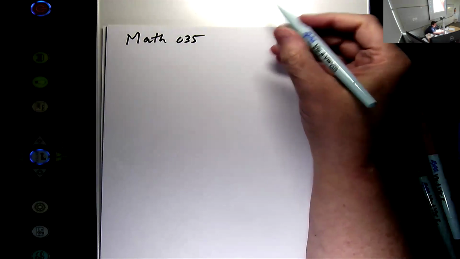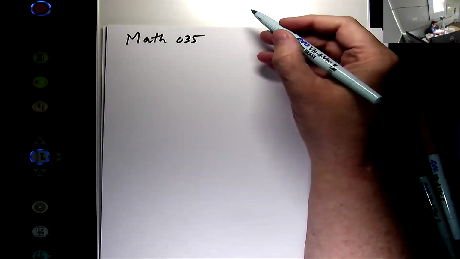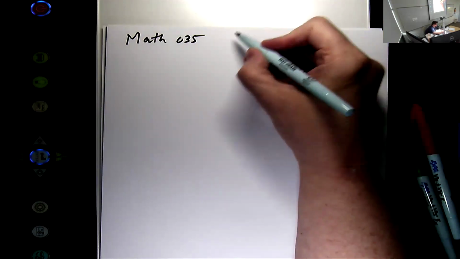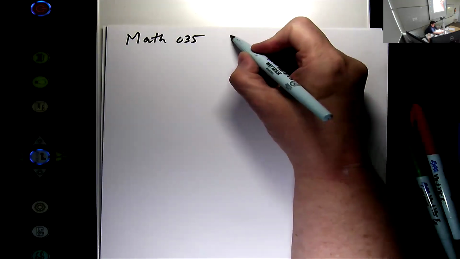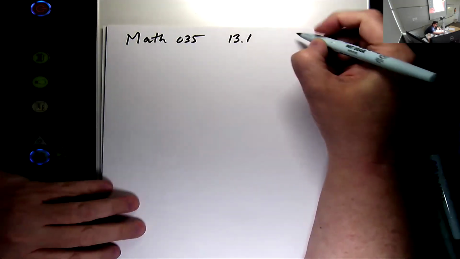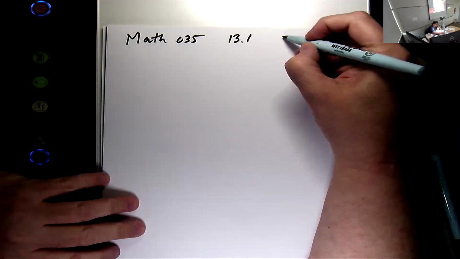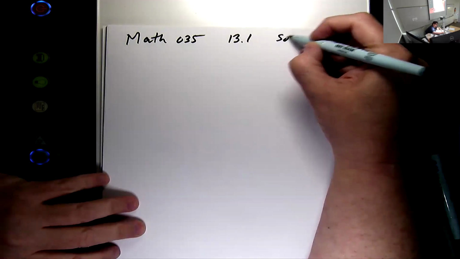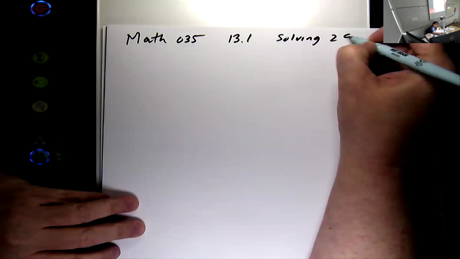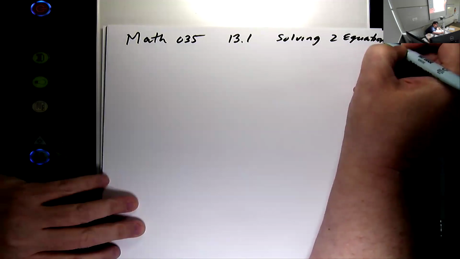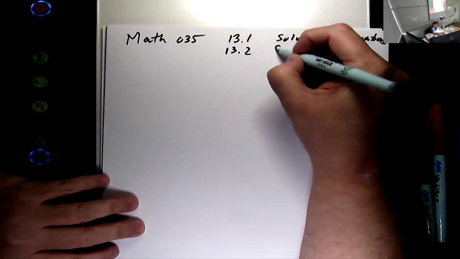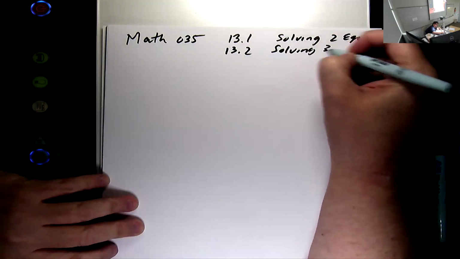There is a connection, but you'll see it at the end of next hour, there's a connection between circles in here. We're doing 13.1, which is on solving two equations. And then 13.2 is solving three or more equations.